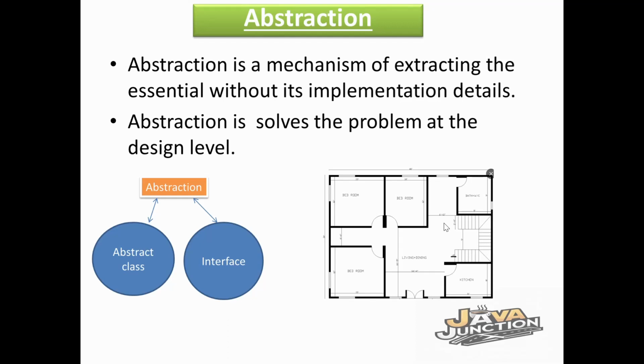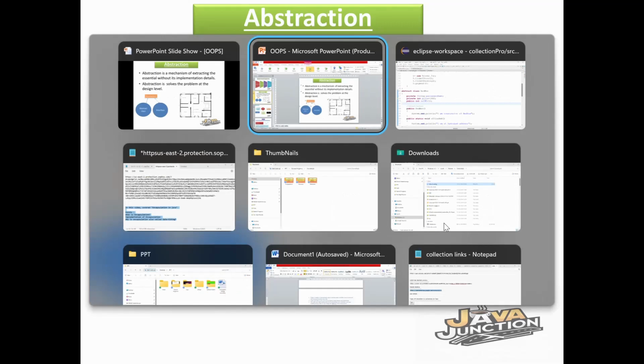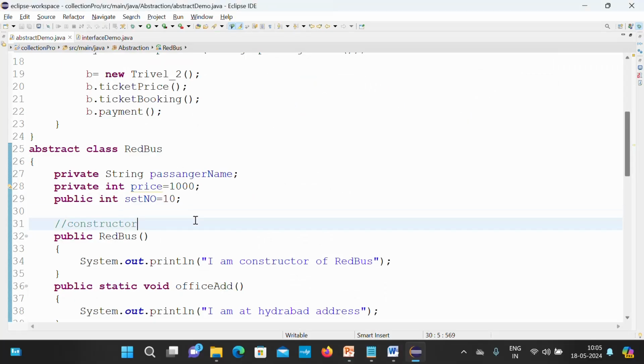Similarly, encapsulation also hides some details, but it is not part of the implementation. It's a part of the class level construction. Sorry, encapsulation is part of the class level to hide the details.